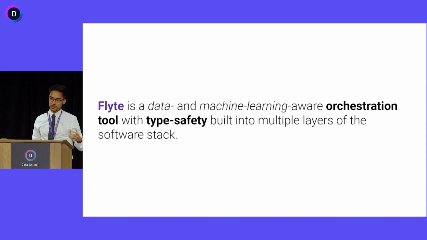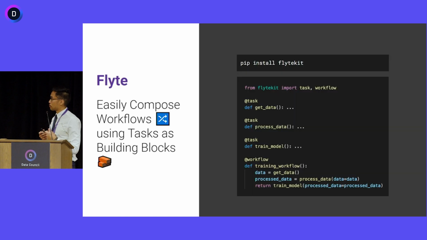So here comes Flyte, which is a data and machine learning aware orchestration tool with type safety built into multiple layers of the software stack. With Flyte, you can easily compose workflows using tasks as building blocks. You pip install it. Here I'm defining just 3 tasks. They're just functions. You decorate them with @task. If you've seen other orchestration tools, this should look very familiar.